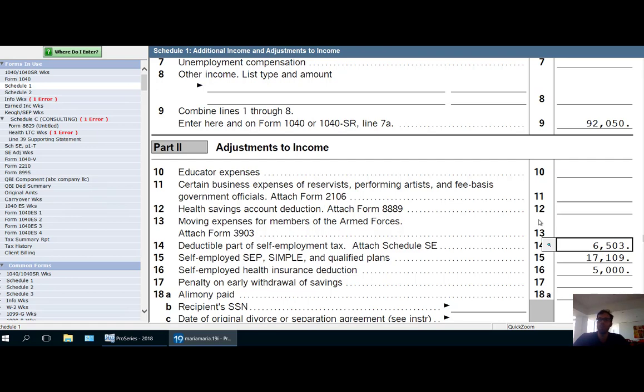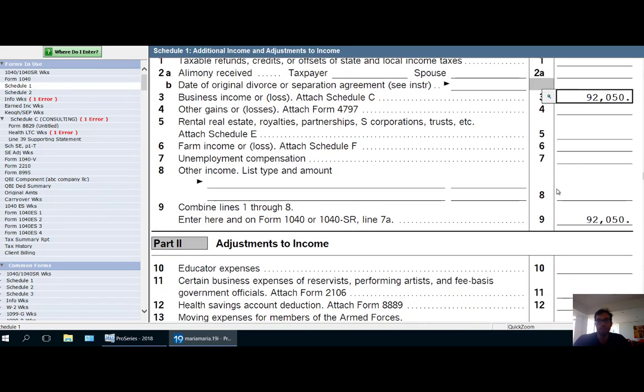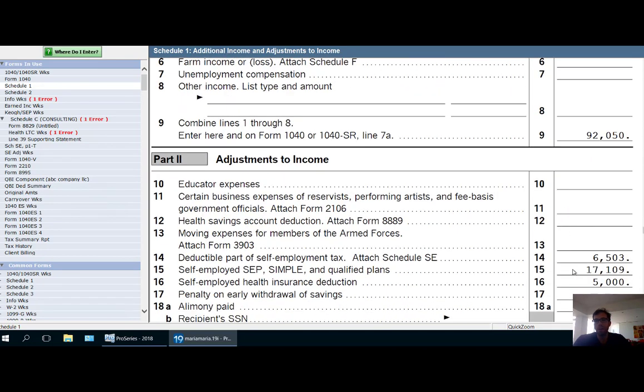So it becomes more of a planning strategy when you have people working for you. But for her, she can put 17 grand in based on $92,000 of income. That's pretty good. With a traditional IRA, you cannot put that much in. So a SEP is a great tool to use if you have a lot of money that you want to put towards retirement.